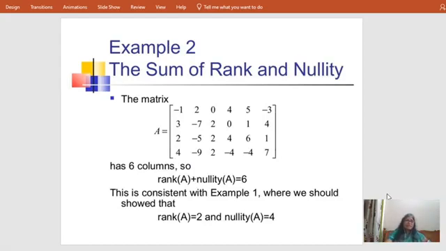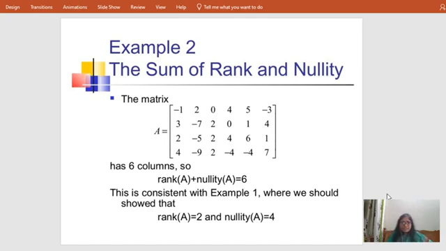Now, let us look into example 2, the sum of rank and nullity. Suppose the matrix A is considered. The matrix A is equal to, first row, -1, 2, 0, 4, 5, -3.